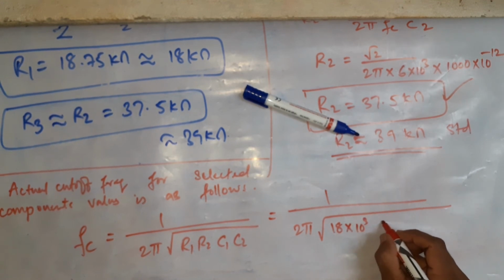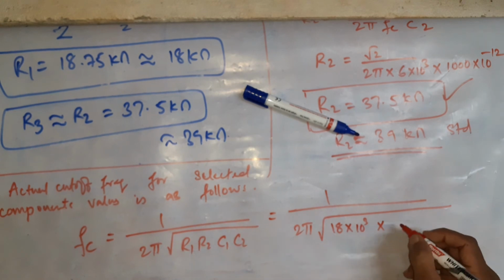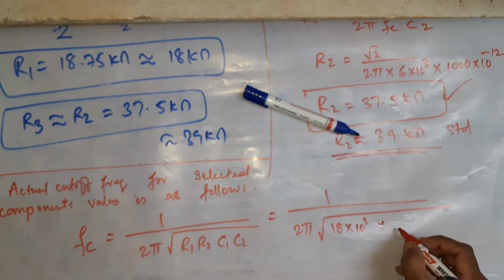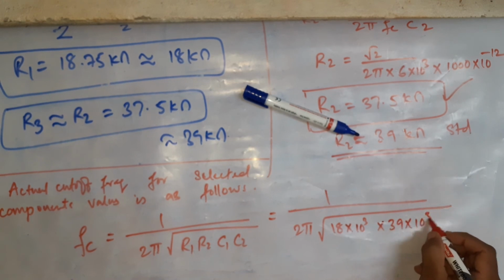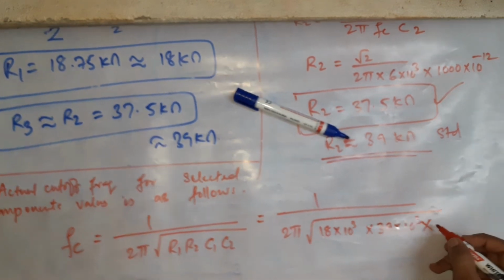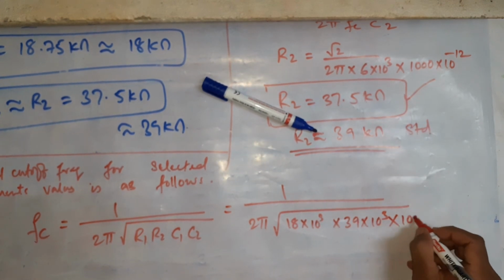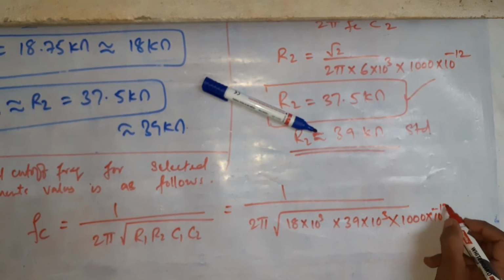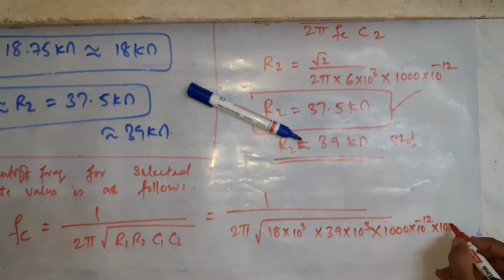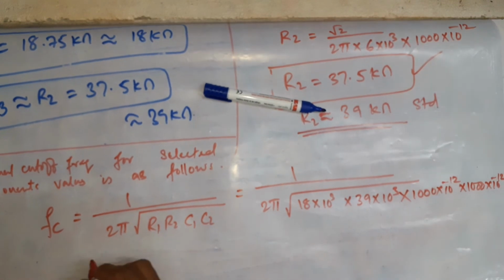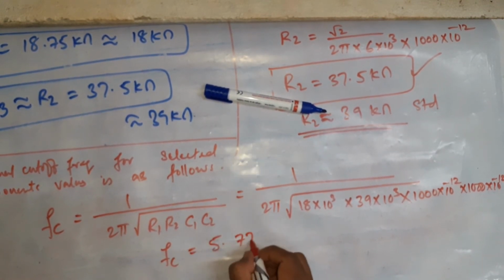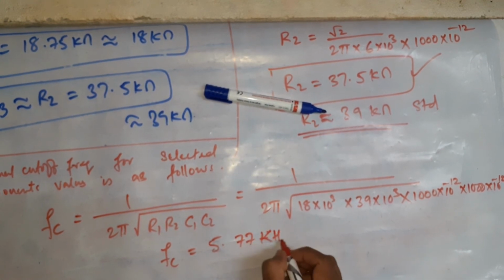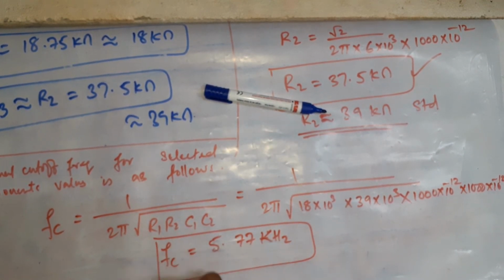Then R2: which one have we chosen? 39k, so don't write 37, write 39k. Then C1 is 1000 picofarad, and C2 is another 1000 picofarad. This will give you Fc, the cutoff frequency, equal to 5.77 kilohertz. This is your final answer.